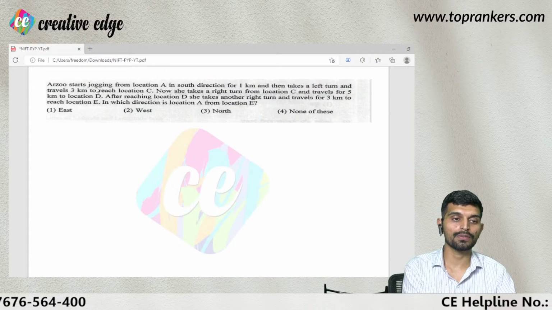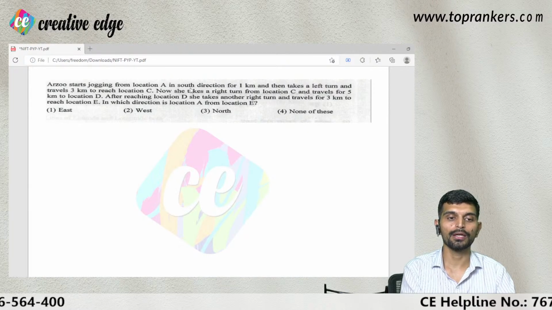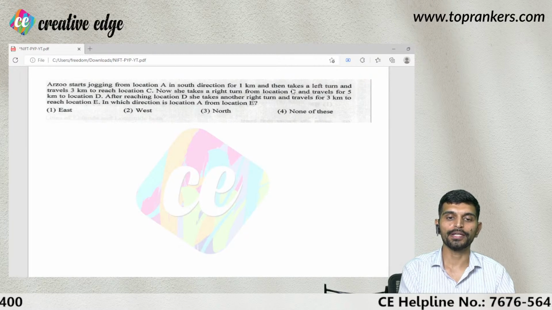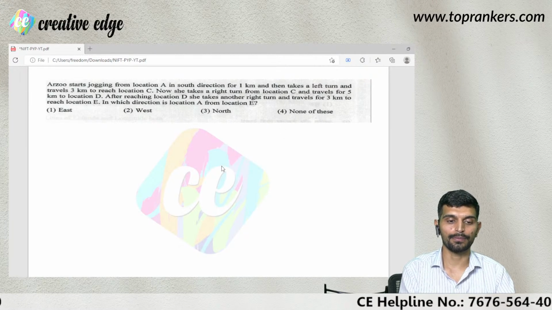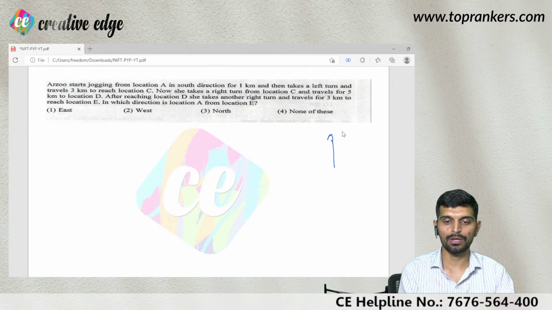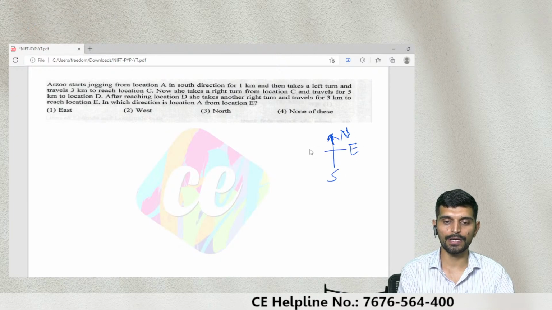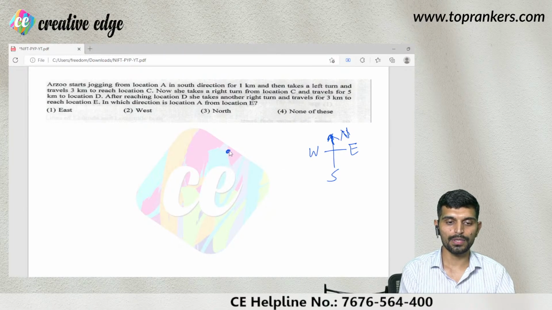Arzu starts jogging from location A in south direction for 1 kilometer, then takes left turn. So this is north. If this is north, the opposite is south. Going clockwise from north at 90 degrees, we have east. So say this is the point.